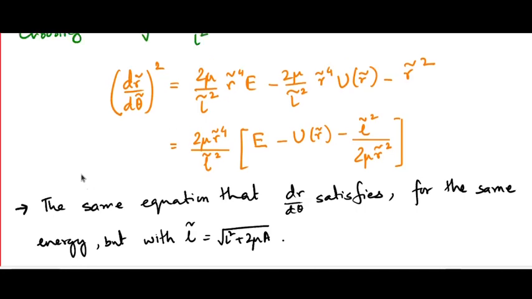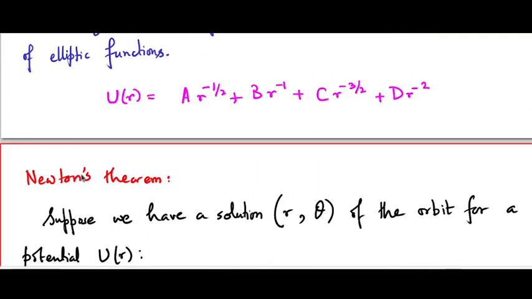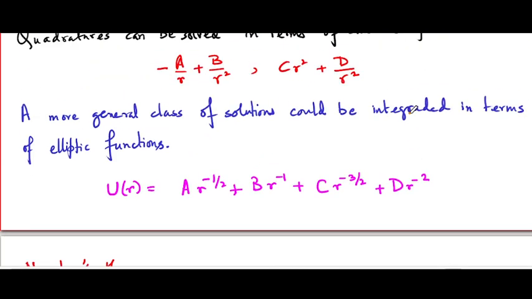As a result, when you are taking a look at a general form for a potential which can be solved in terms of, say, the elliptic functions, you always have a 1 by r squared term in addition to that. And similarly, if you're looking for a solution in terms of circular functions, it is true that minus 1 by r and r square potentials will give you solutions in terms of circular functions, sines and cosines.